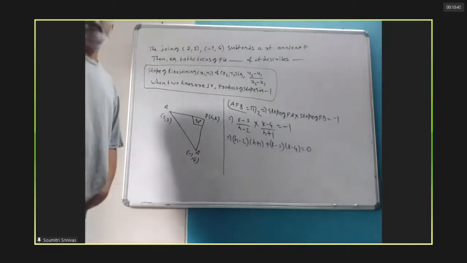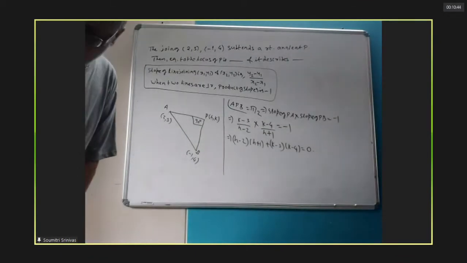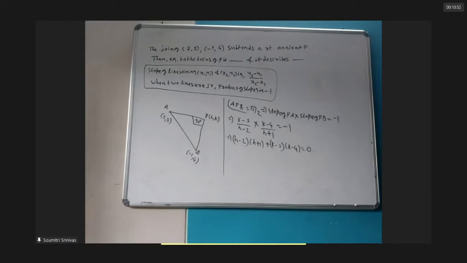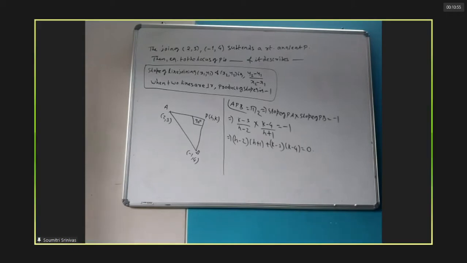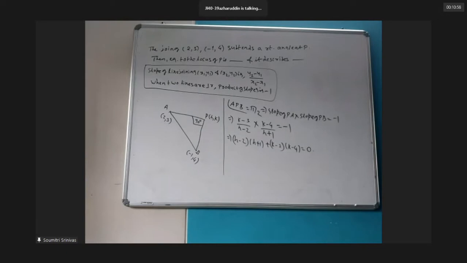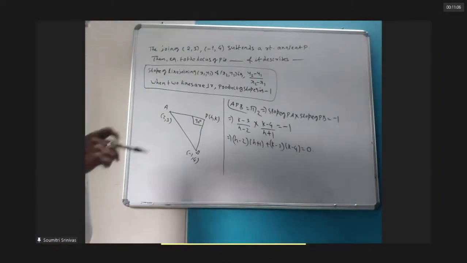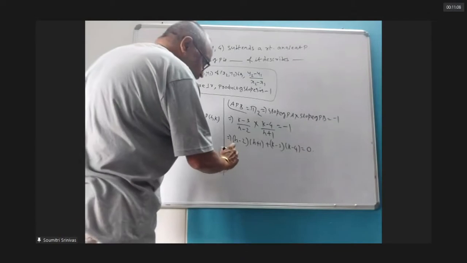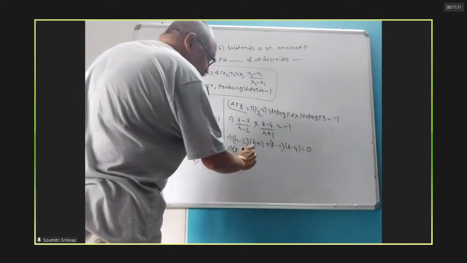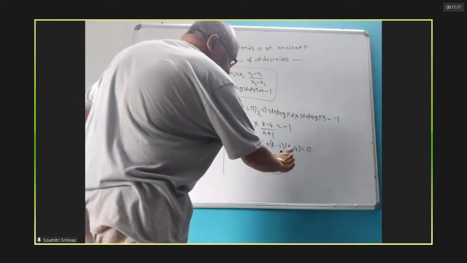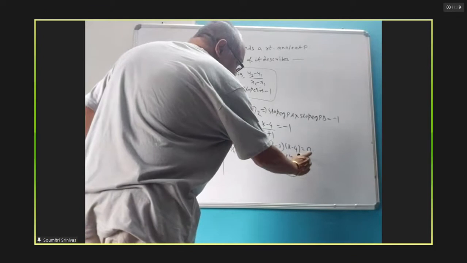What did I tell you? In locus, at the end, what to do? Replace h and k by x and y. What will I get? (x minus 2)(x plus 1) plus (y minus 3)(y minus 4) is equal to 0.